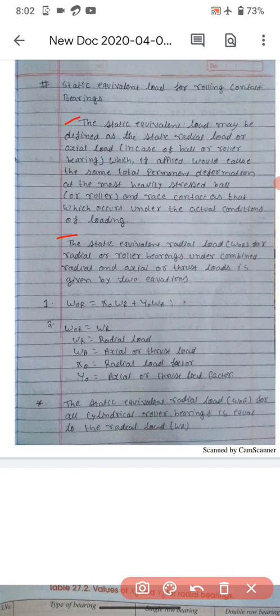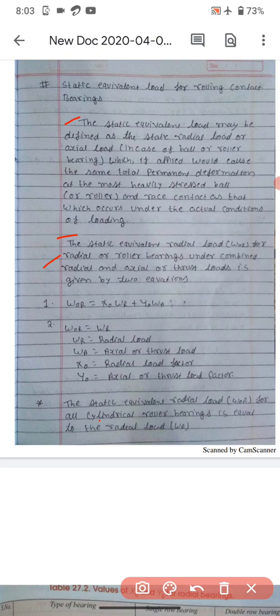Means you are not actually putting some load on the bearing or the ball and the roller, but you are only going to calculate without giving actual value. Okay, this is the static equivalent.